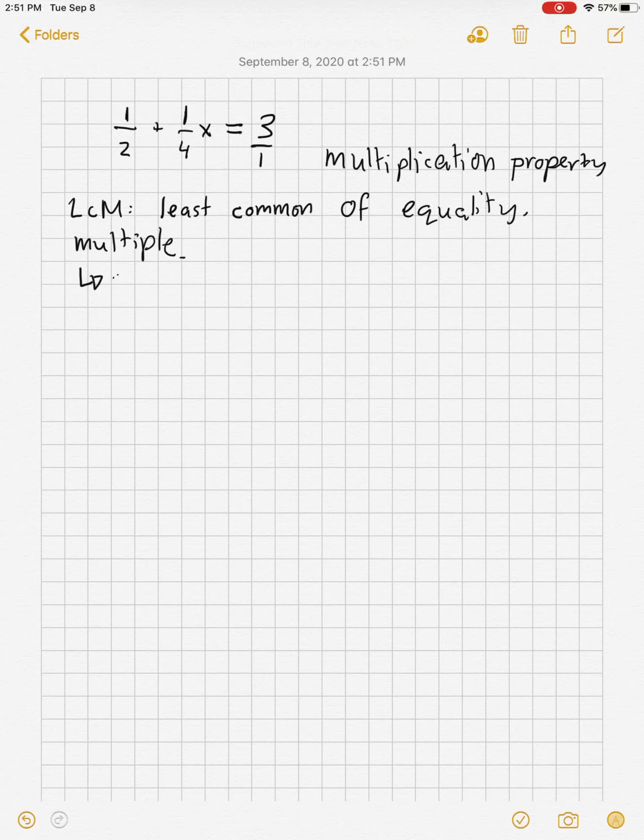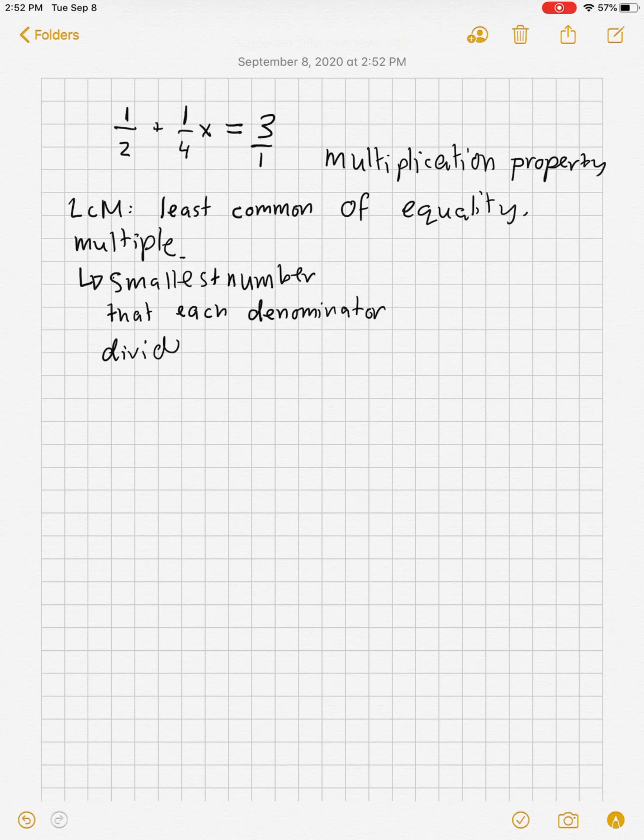The least common multiple is the smallest number that each denominator divides evenly.